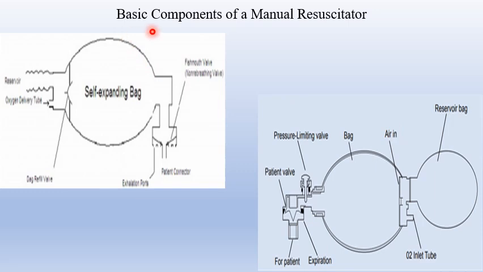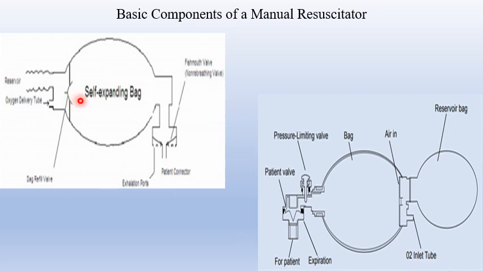These are the basic components of a manual resuscitator. It's a silicone bag with a reservoir bag, oxygen inlet tube, pressure limiting valve, and patient valve connected here to the patient. Expiration is from here.